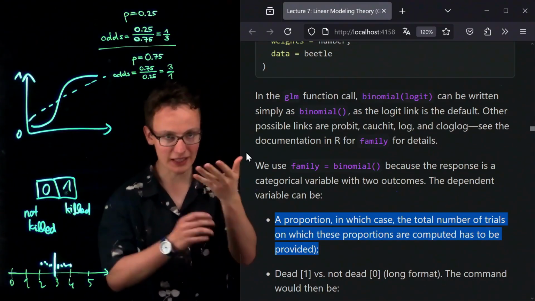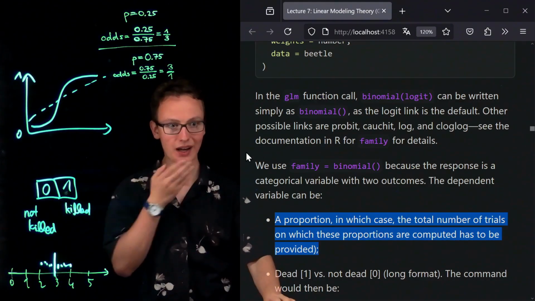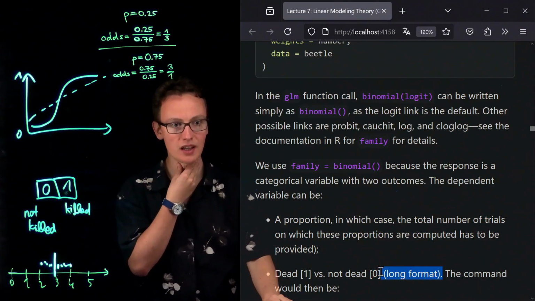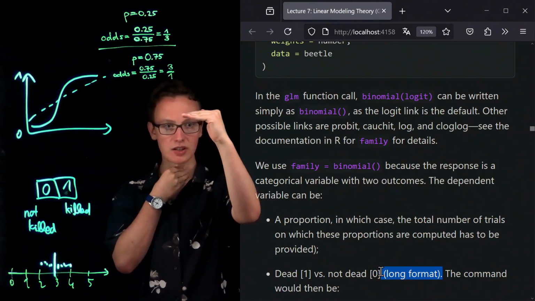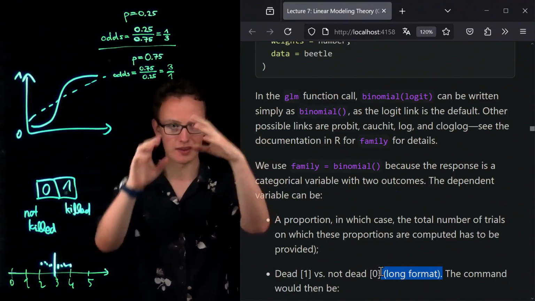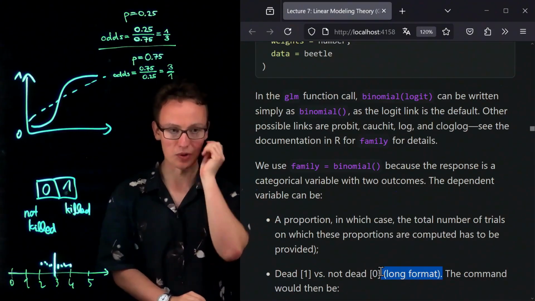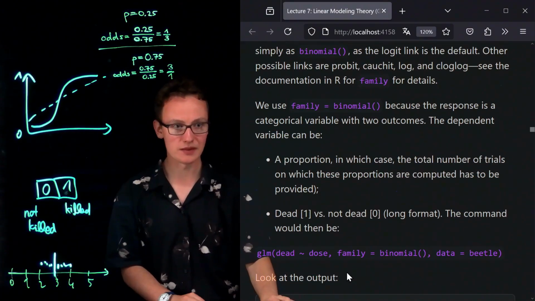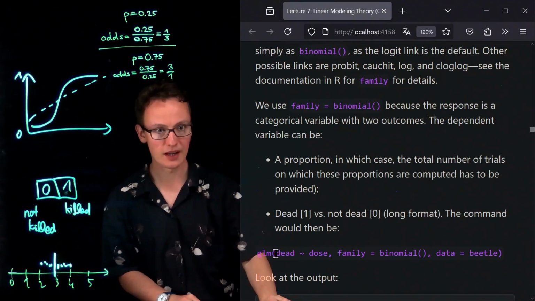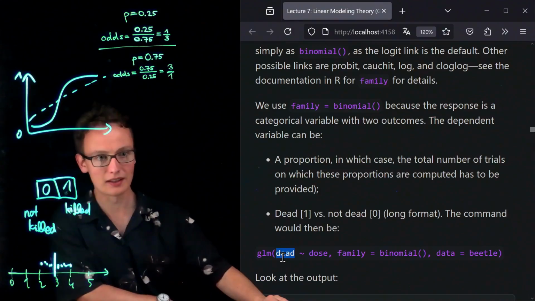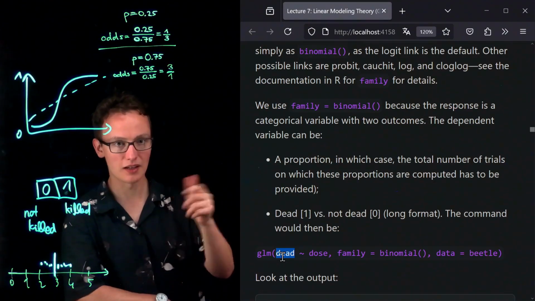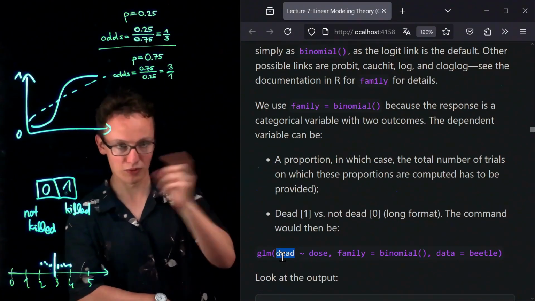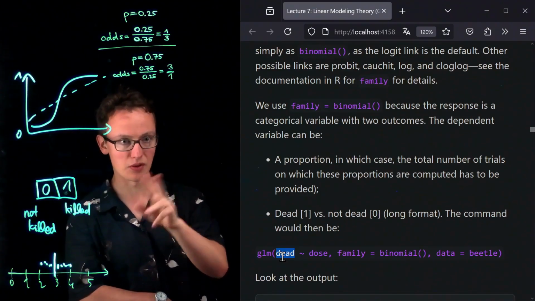I could also, if my data set looks a bit different, provide it in the so-called long format, where I have in each row one observation with either 1 or 0 and not these summary statistics with just the proportions. In that case, I would specify it like this. So GLM and then dead, which would be a variable just containing zeros and ones, not proportions, but really just discrete values 0 or 1.